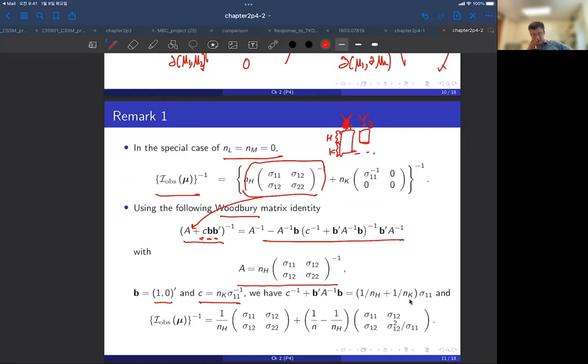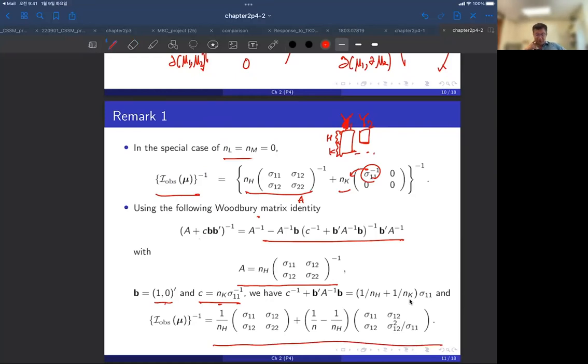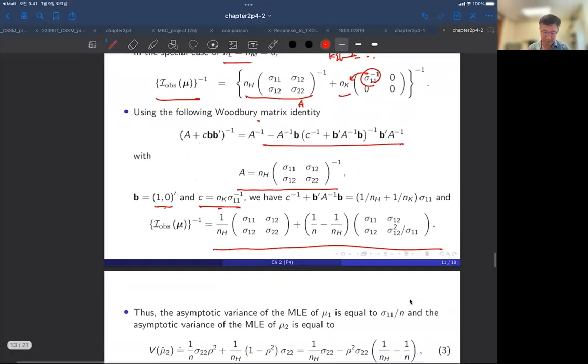Okay, so you will see that this is A, this is A, this times this is C, and then B is 1 0. And then after some matrix algebra, you end up getting this result.